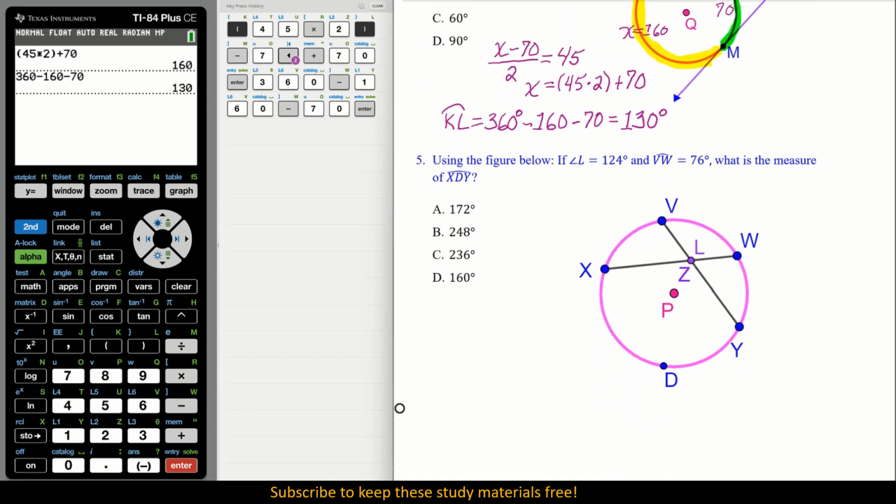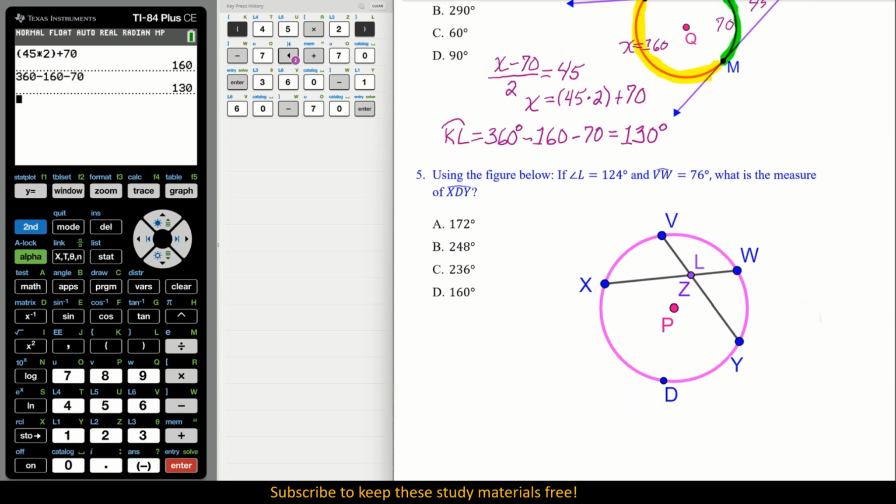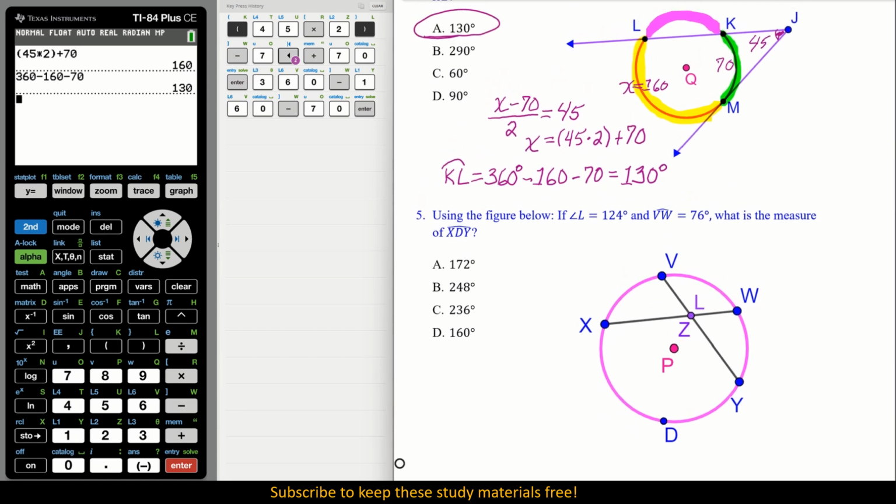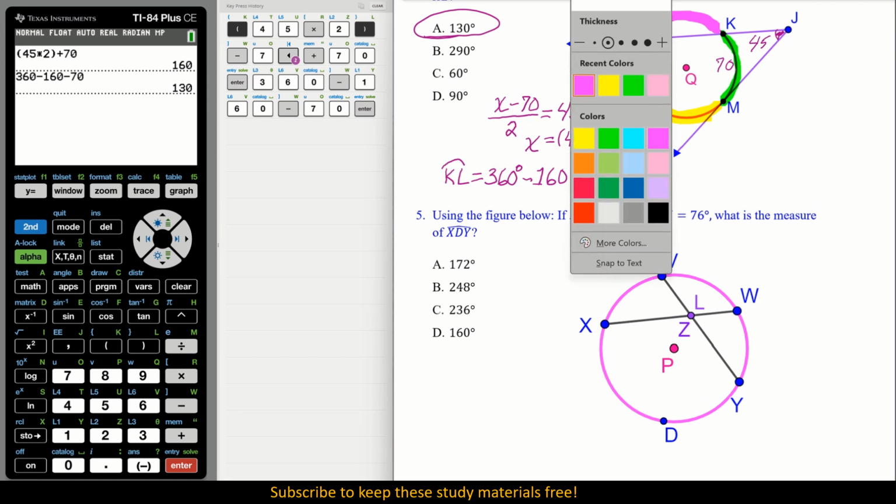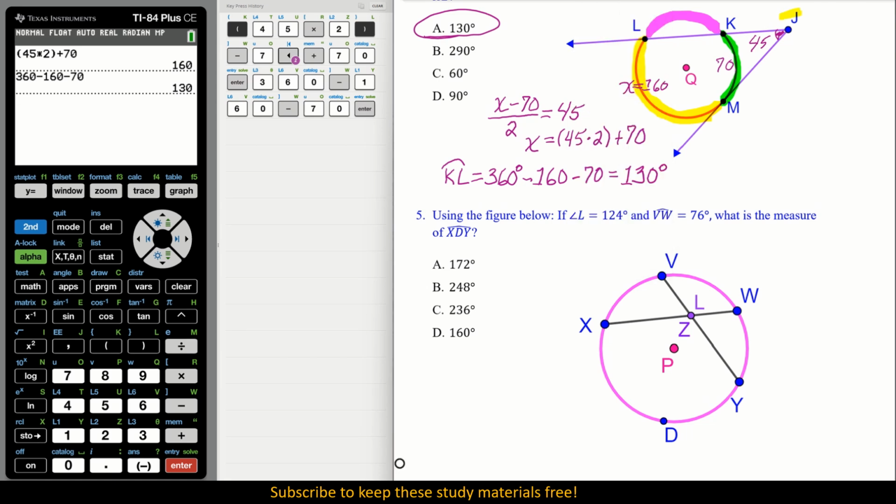Now, there are some particular things going on. I need you to notice. Let's compare number 4 we just did and number 5. For number 4, let me get our yellow highlighter.